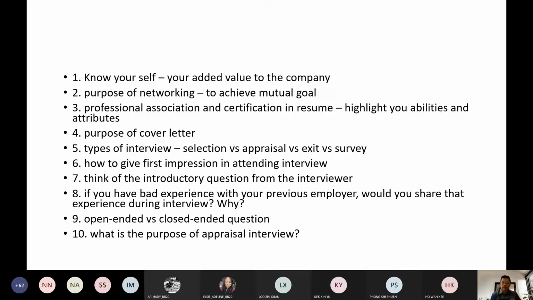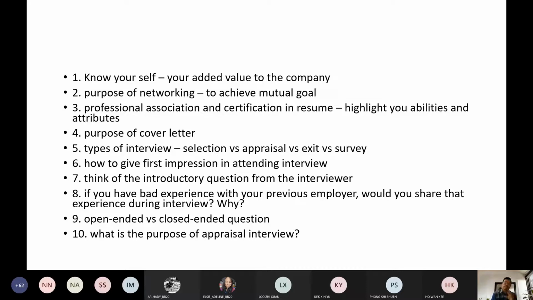And if you remember, last time I shared with you that a cover letter must have at least or maximum 3 paragraphs. The first paragraph, you tell the receiver, the potential employer, where you got the advertisement of the job vacancy. Paragraph number 2 is to tell the employer why they should choose you for an interview.